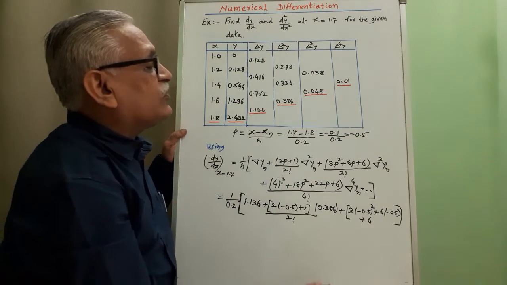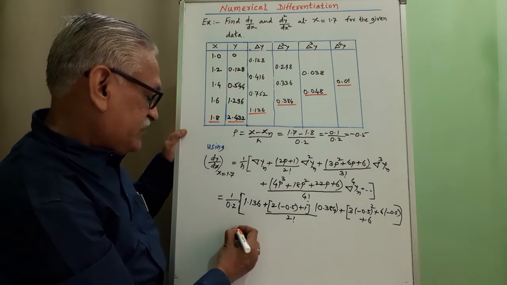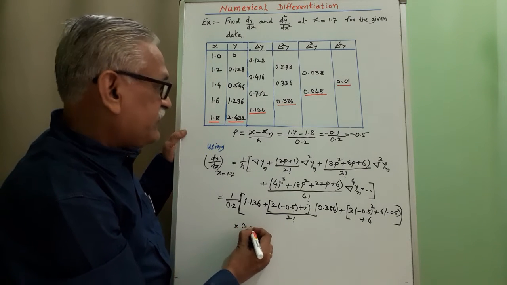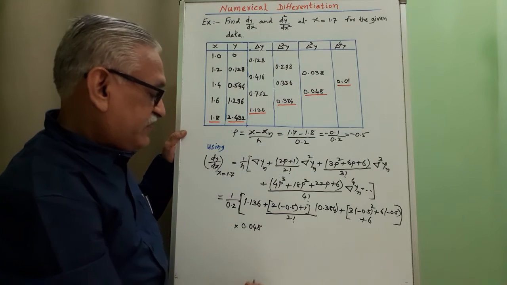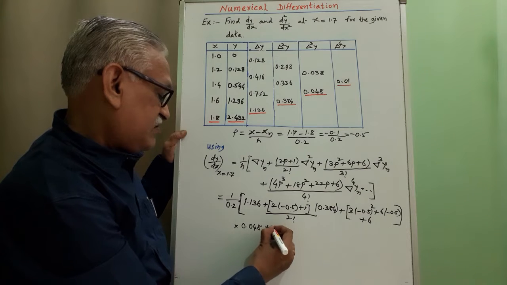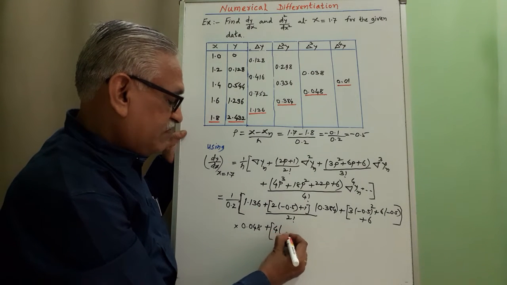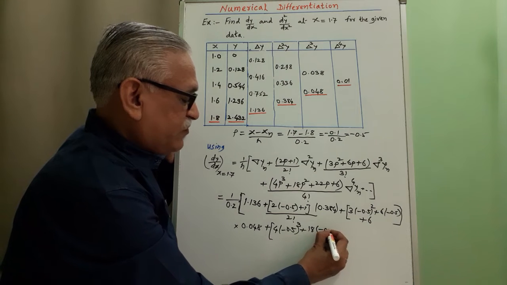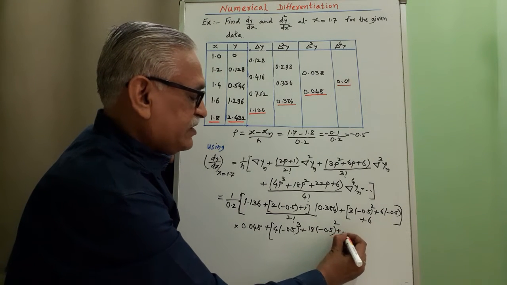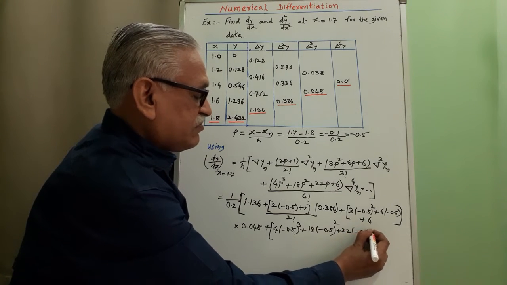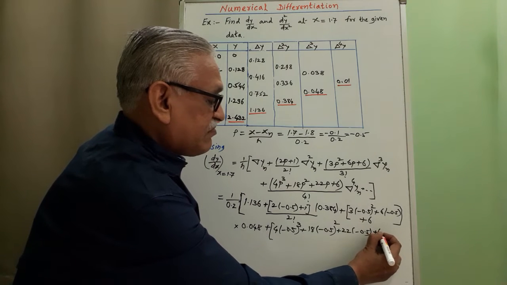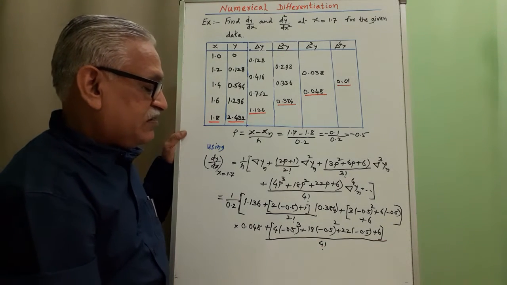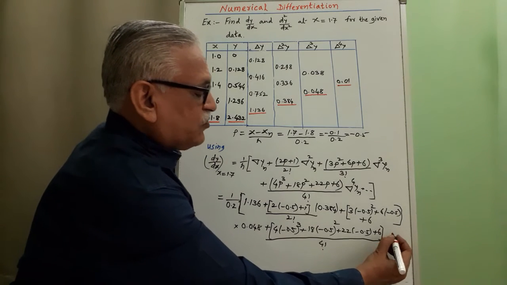The value of del cube yn is 0.048. Next, plus 4p cube, 4 into minus 0.5 cube, plus 18p square, 18 into minus 0.5 square, plus 22p, 22 into minus 0.5, plus 6, whole divided by 4 factorial into del raised to 4. The value of del raised to 4 is 0.01.